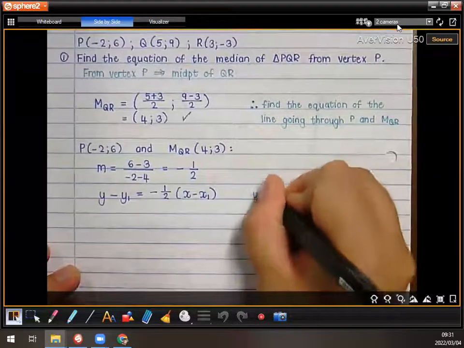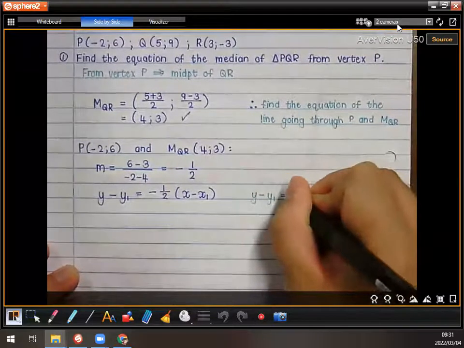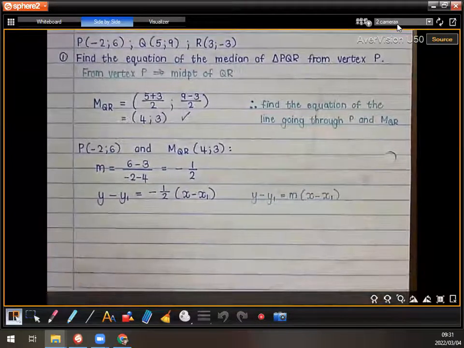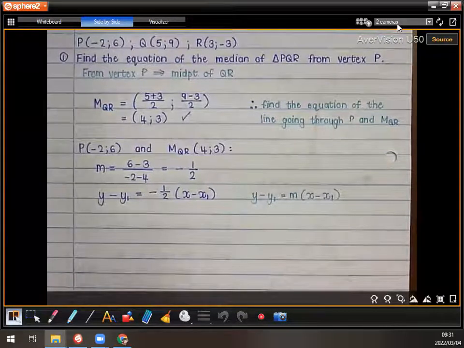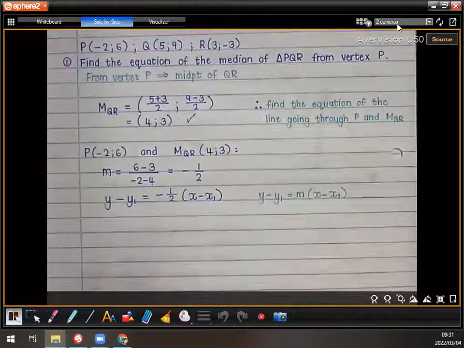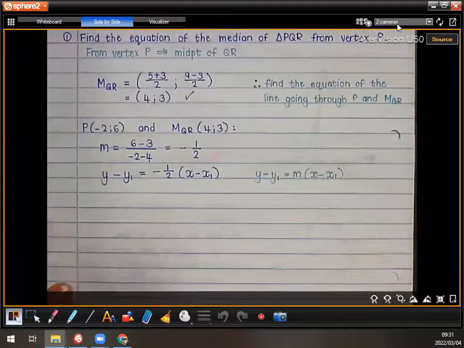This is actually that formula, y minus y1 equals n times x minus x1. Okay, so I'm putting my n value, the gradient that we just calculated, into this second formula that some of you have never worked with before.